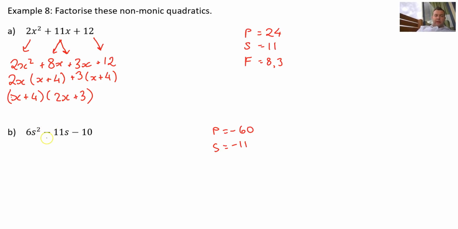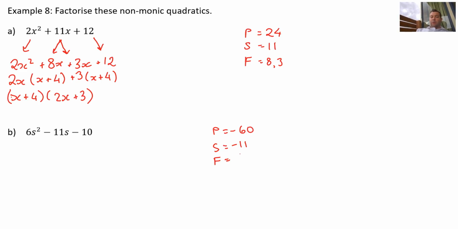Now, there's a negative here. The sum is negative. That tells me at least one of the factors is negative. The product is negative. That tells me that I've got one of each. So I have a positive and a negative factor that have a difference of 11. In fact, if I combine them, I'll get negative 11.